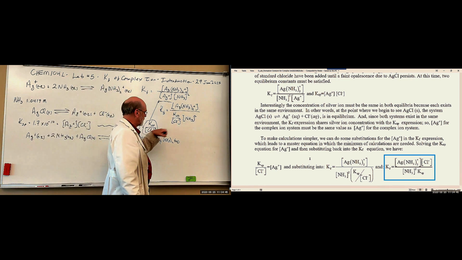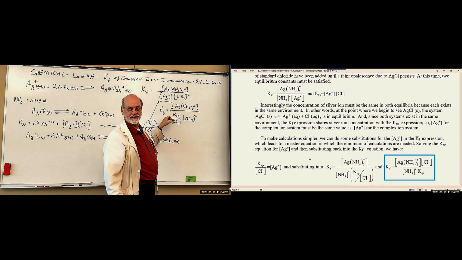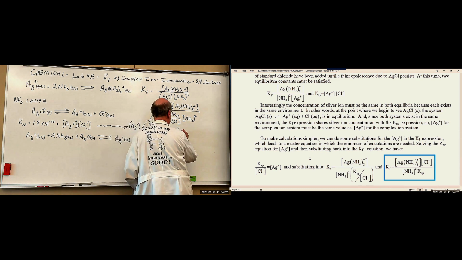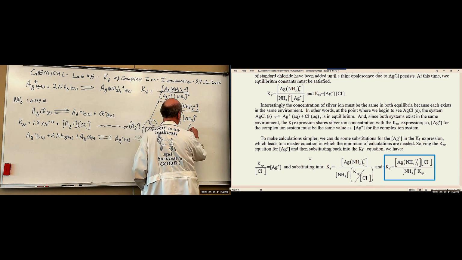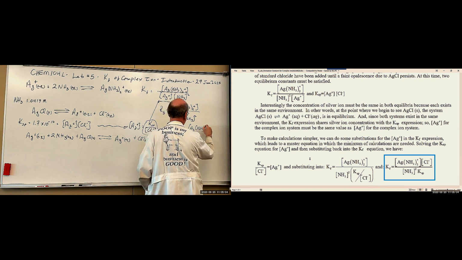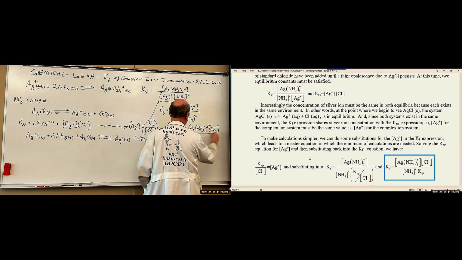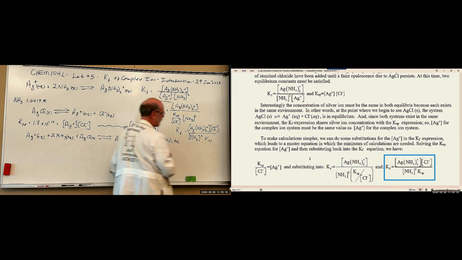Now, mathematically speaking, the denominator of the denominator is the numerator. So we can rearrange this equation to equal the complex ion times chloride concentration divided by ammonia squared times the KSP for silver chloride.